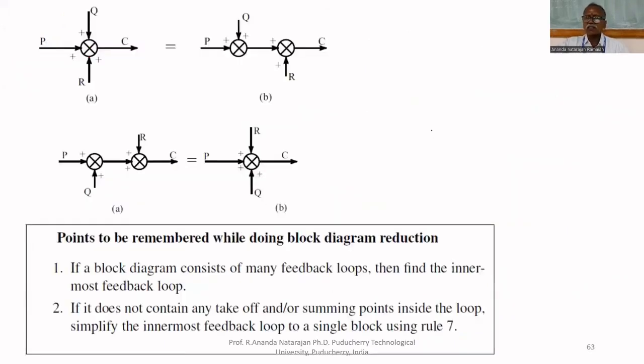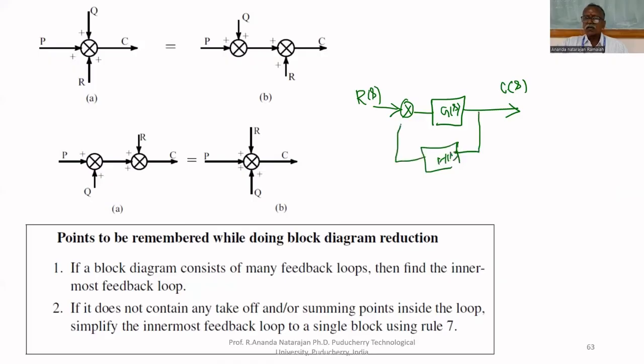Suppose I have a transfer function like this. This is R of S, G of S, the output is C of S, and the feedback signal is H of S, a negative feedback. The formula is C of S upon R of S, because it is the Laplace transform of output upon Laplace transform of input, equal to what is in the forward path.